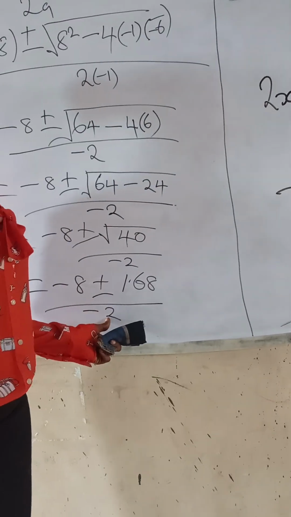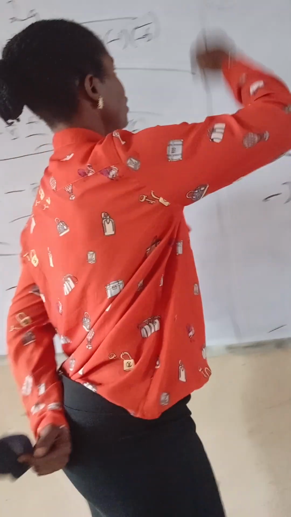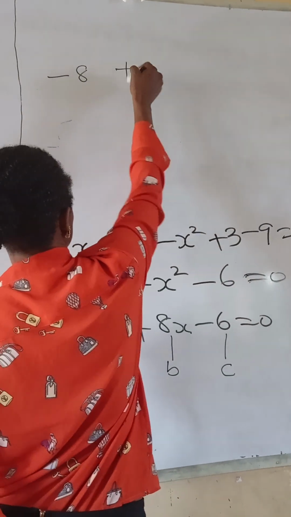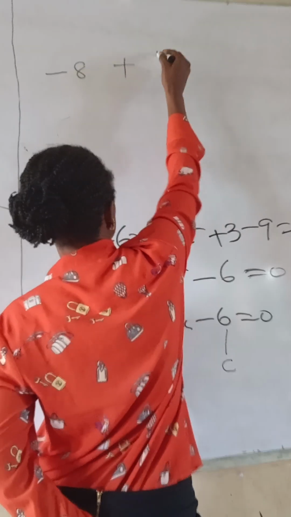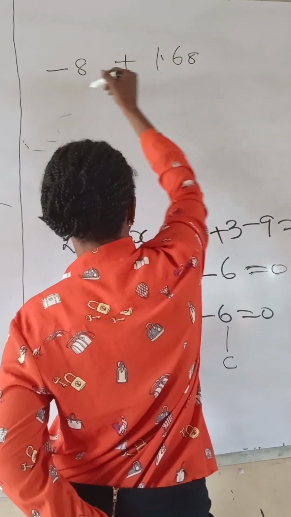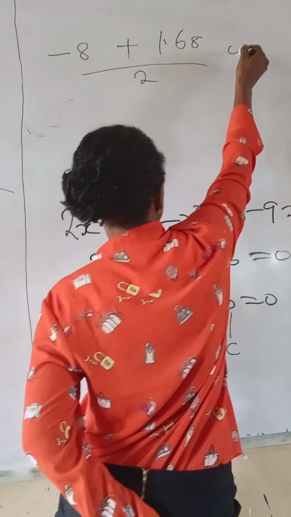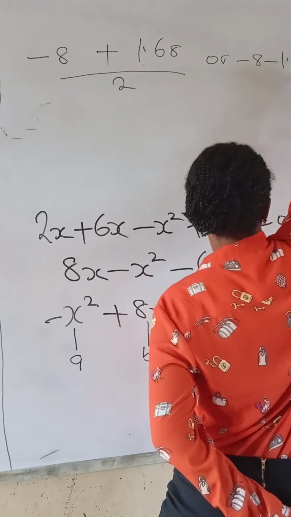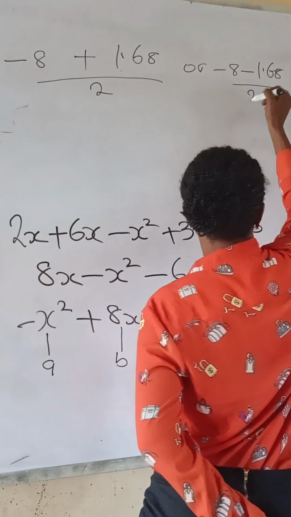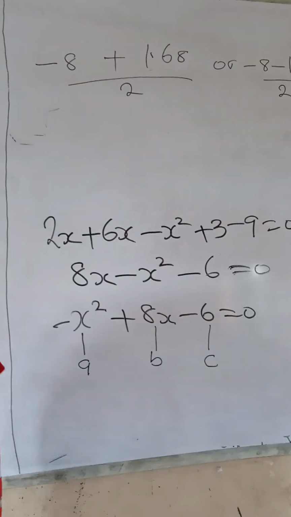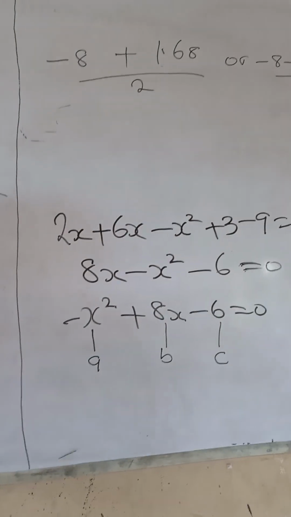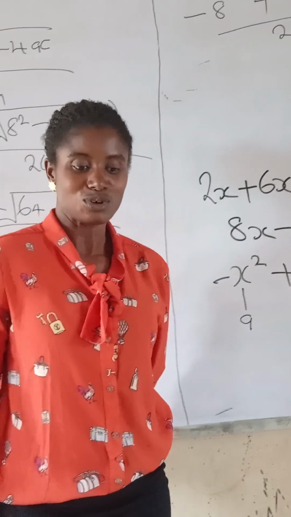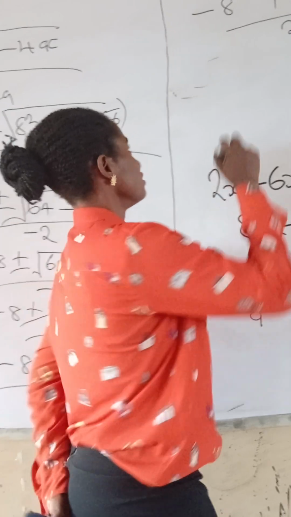We have addition and subtraction. The first one, we have minus 8 plus 6.32 divided by 2, or minus 8 minus 6.32 divided by 2. This is the same as this expression, because at the end of the day, you are expected to have two answers.